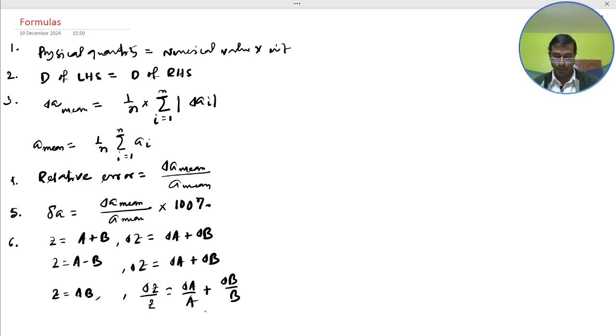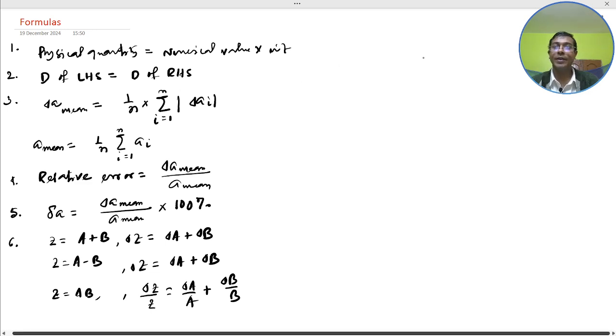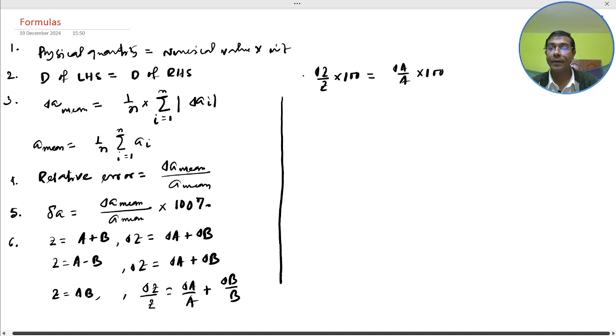And the maximum percentage error is defined: basically del z by z into 100 is equal to del a by a into 100 plus del b by b into 100.